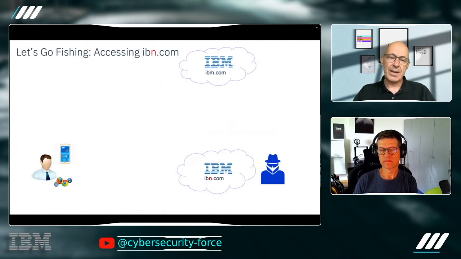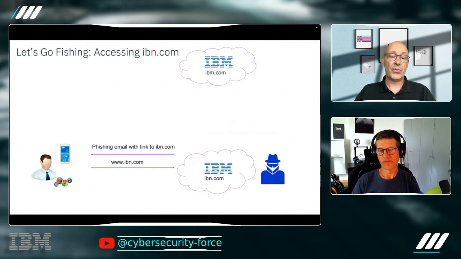So he's tricking the user to click on a link that he received via phishing email. And the user, of course, which is not always 200% cautious, simply follows that link to ibn.com, the hacker's website.